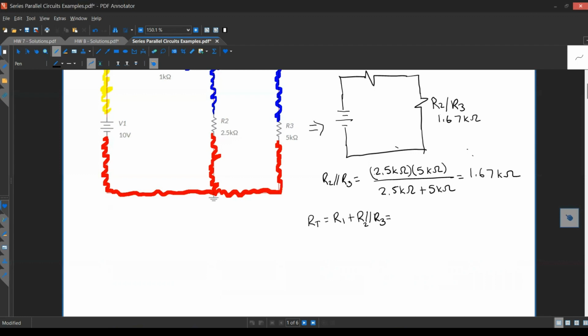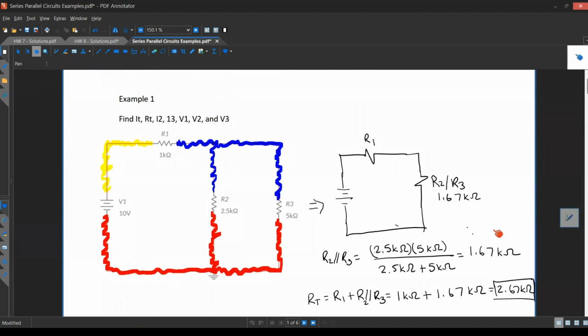And so R1 is 1 kilo ohm plus the parallel combination, which is 1.67 kilo ohms. And so that equals 2.67 kilo ohms. All right, so that's the first part. So we got that one.